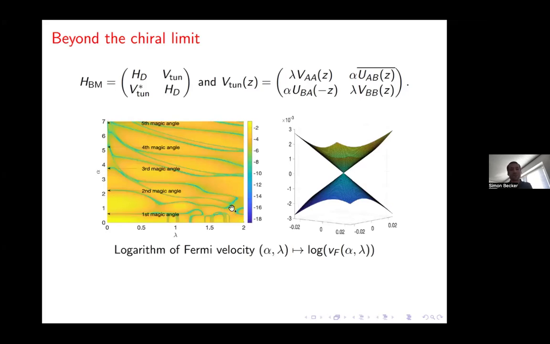So what happens if we have this lambda parameter here to tune the other potential? Well, we saw that we have these equidistant spacings of magic angles in the chiral model, which corresponds to lambda equal to 0. So that's here, right? And what I'm plotting here is the Fermi velocity, so the first derivative of my Dirac cone, in this full model.